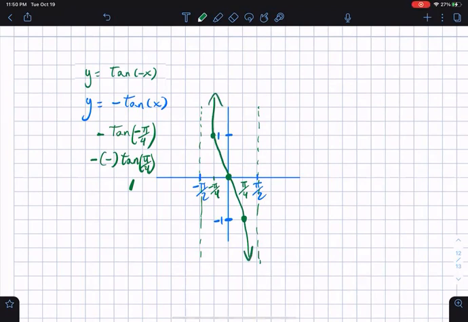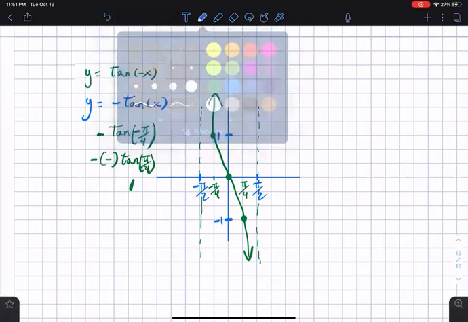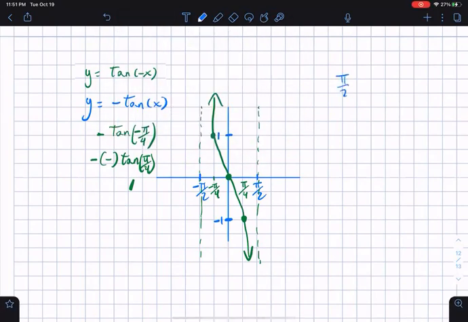It looks like cotangent, but it's not cotangent. Then for the other one, you need one more period, so just add one more period. Pi over 2 plus pi is the same as pi over 2 plus 2 pi over 2, so that's going to be 3 pi over 2. So that's the next asymptote.